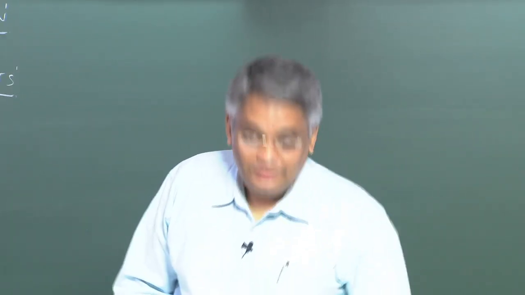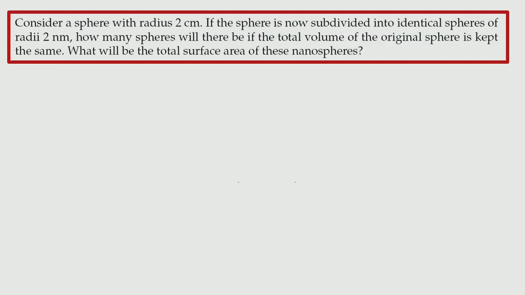If you look at this simple problem, consider a sphere of radius 2 centimeters, and subdivide this sphere into identical small spheres. We looked at the example of a cube being cut down to smaller cubes of micron sized and nanometric sized dimensions.